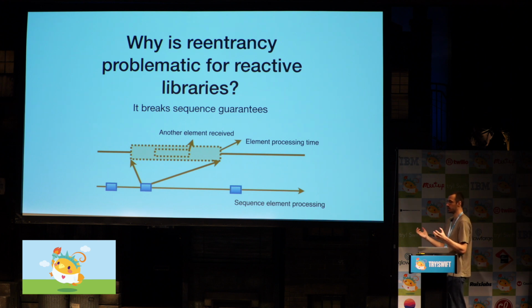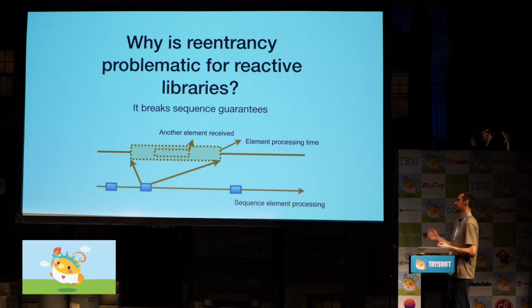It's not really clear. What should you do with them? The way Rx handles this currently is that we try to do the sanest thing we can, but it's not possible to cover every possible edge case. So the best way would be to avoid having reentrancy problems at all.